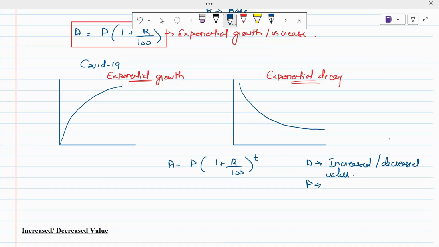Now P would be the initial value. Initial value means from where we started. R would now be the growth rate or the decay rate. The percentage, the rate at which something is increasing or something is falling. So it's the increase or the decrease rate.